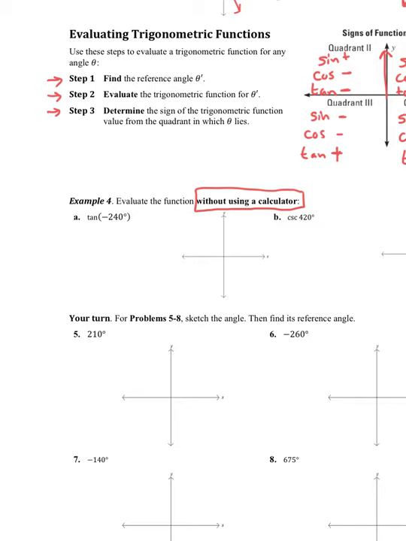We start by going negative 180, and then a little past that, we end up over here somewhere. So there's theta of negative 240 degrees. We ask, how far past 180 did we go? That's going to be our reference angle. It's going to be 60 degrees. That's how we'd set this up.